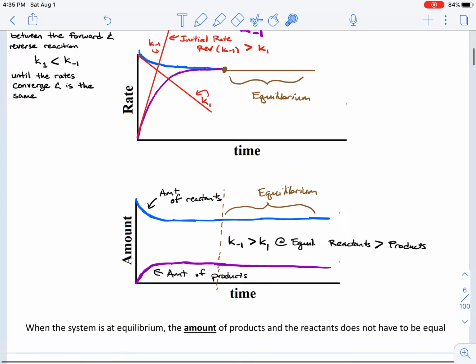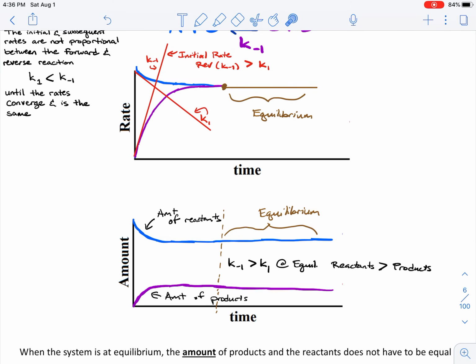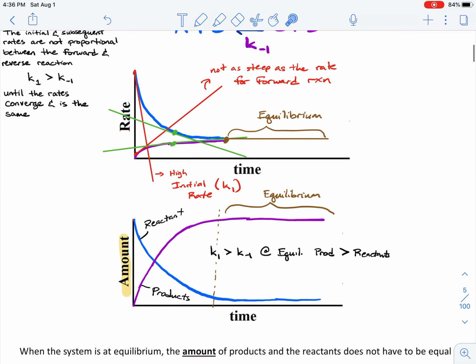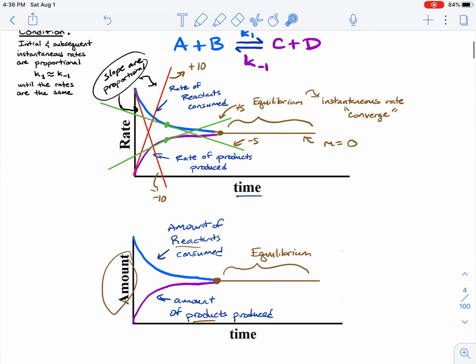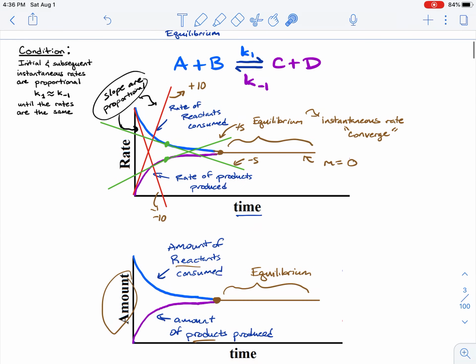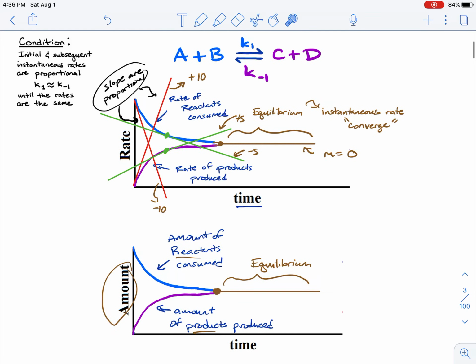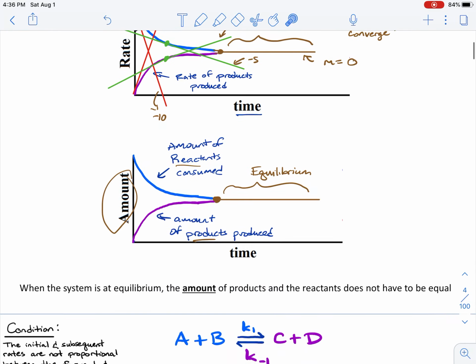All right, so we have 3 different scenarios overall, and these are the types of graphs that we're going to observe under these different conditions. If the instantaneous rate of the forward and reverse are equal, then the amount of reactants and the amount of products at equilibrium are roughly equal to each other.